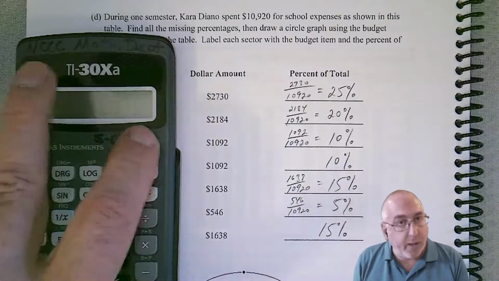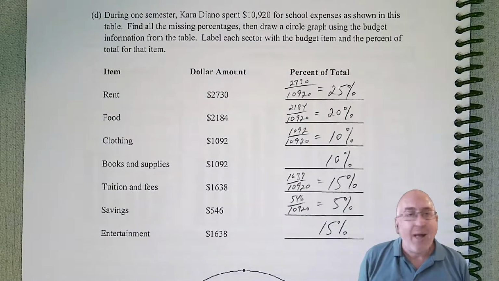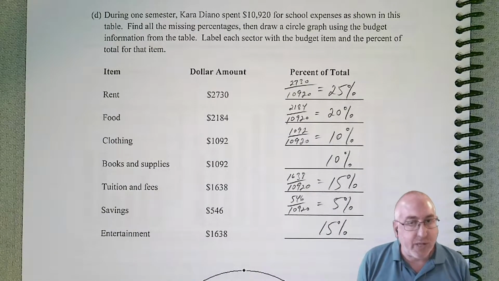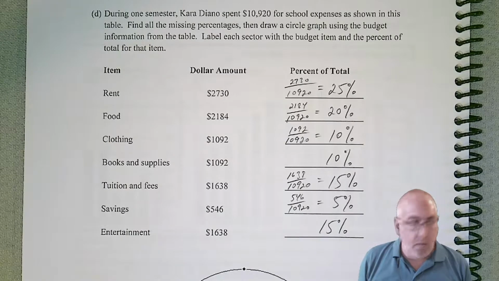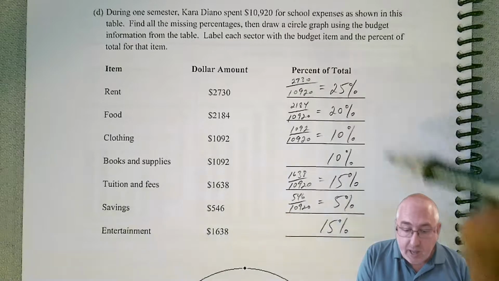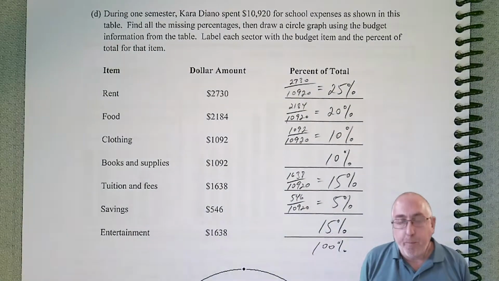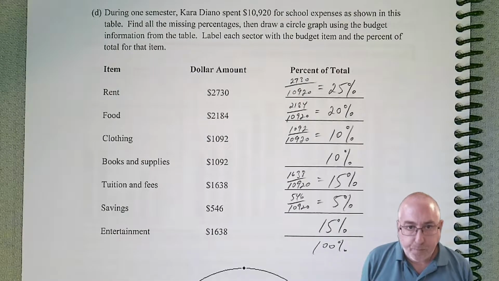Now this is a really nice example. You can see we get nice percentages in here. This is not always the case, so just keep that in mind. Okay, so now that we have all these, and again, we should total these to make sure it equals 100%. But let's take it for granted that it does.